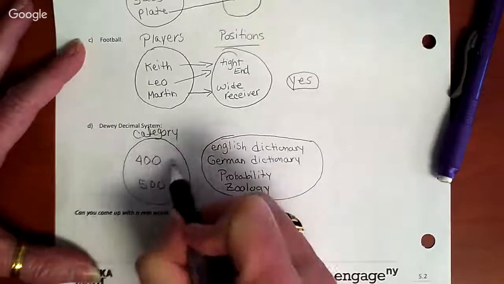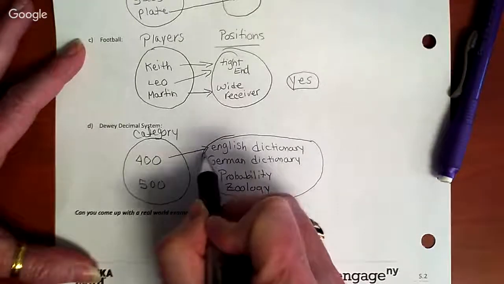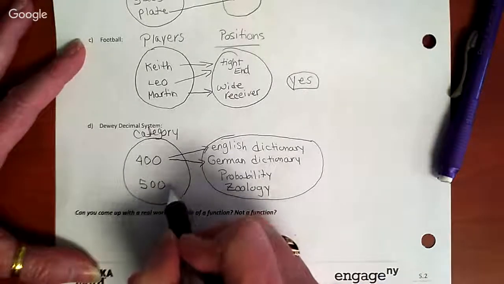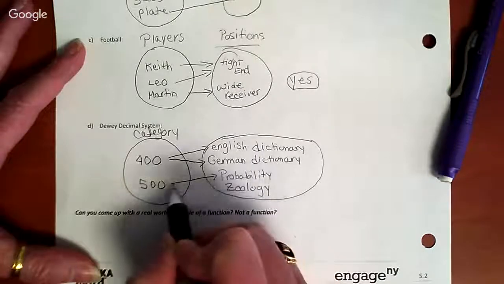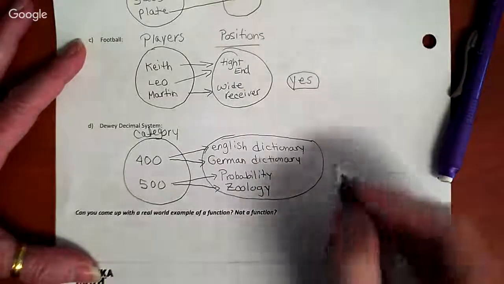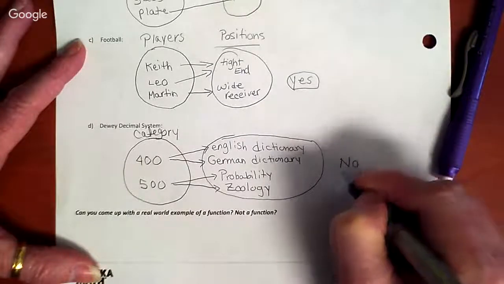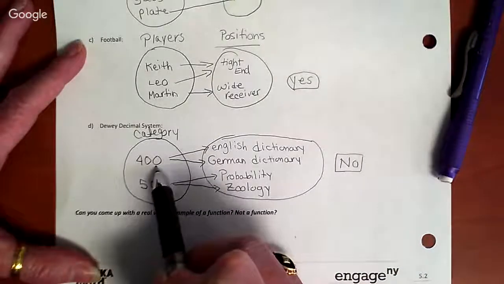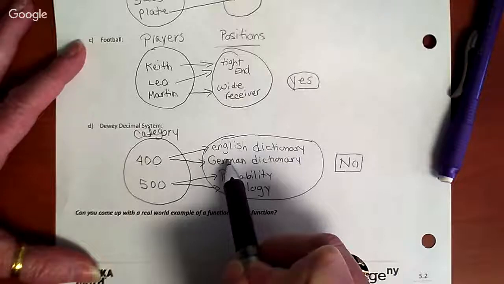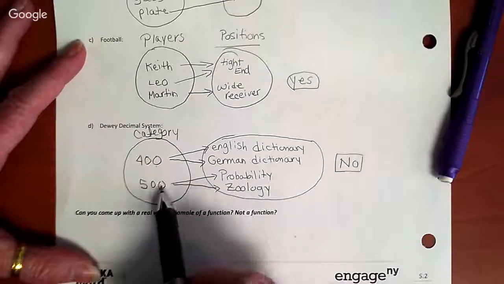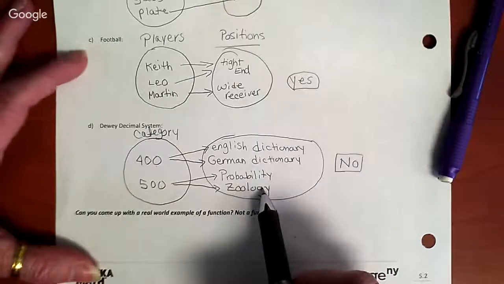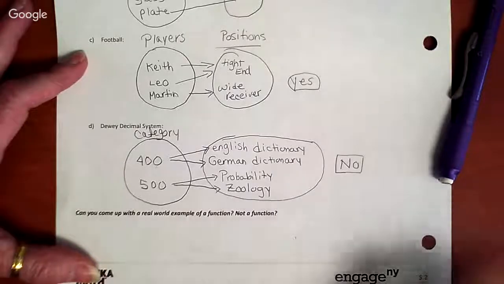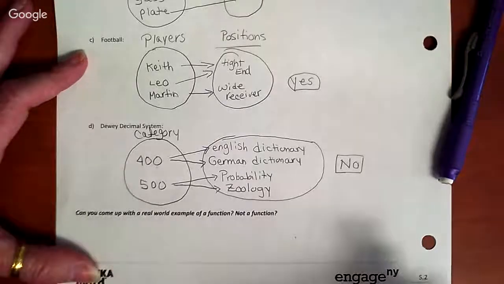The category of 400 goes to the English dictionary and the German dictionary, and the category of 500 goes to probability and zoology. No, it is not a function because I have one input going to two outputs. So that is incorrect. It has to go from 1 to 1.